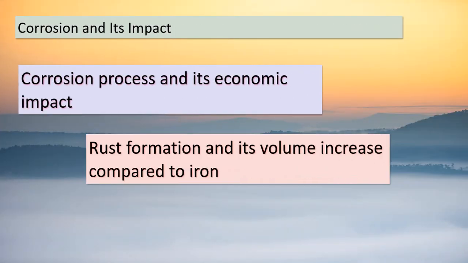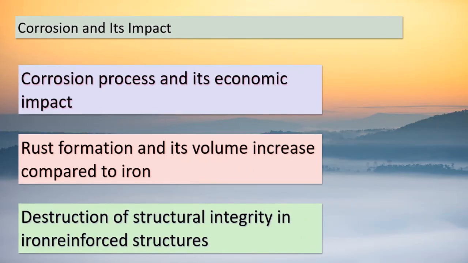Hello, students. Today, we're going to delve into a fascinating topic, corrosion and its implications. Corrosion is a process you might have come across before, especially when it comes to the rusting of iron. This process carries significant economic consequences, particularly due to its impact on iron objects. When iron rusts, it actually increases in volume compared to the original iron.